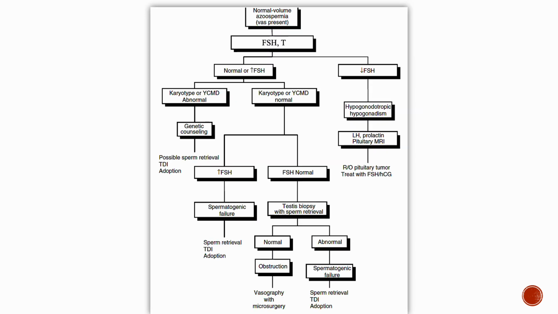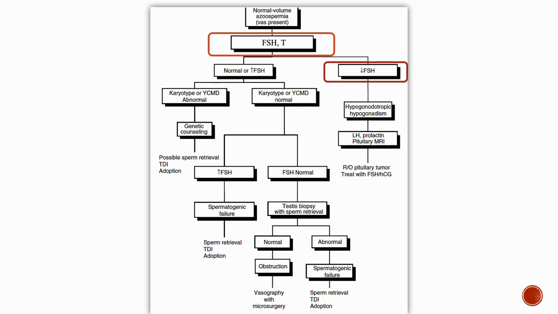Firstly, we will be discussing normal volume azoospermia. The first and foremost thing, whenever normal volume azoospermia is there in presence of vas, is to do the hormonal evaluation. Which hormonal evaluation? Follicle stimulating hormone along with testosterone.